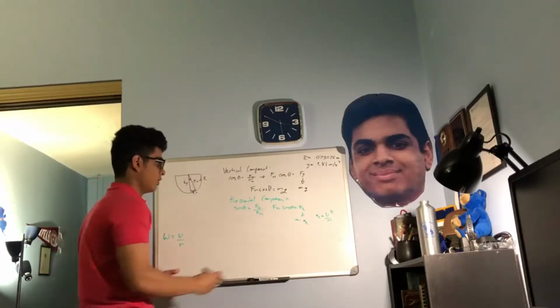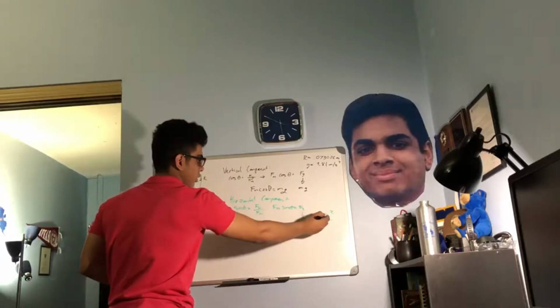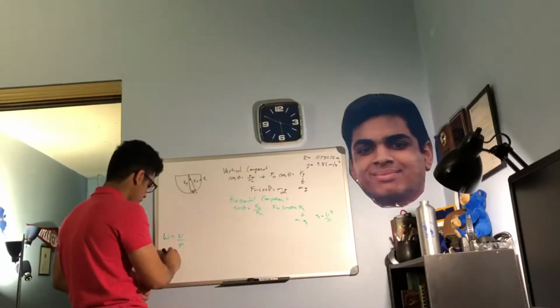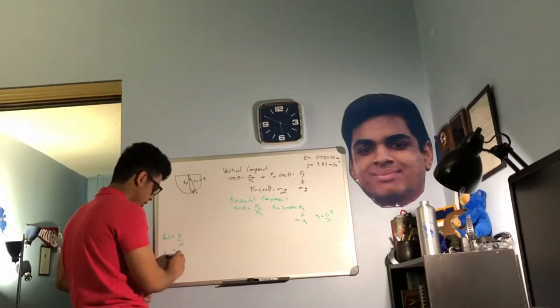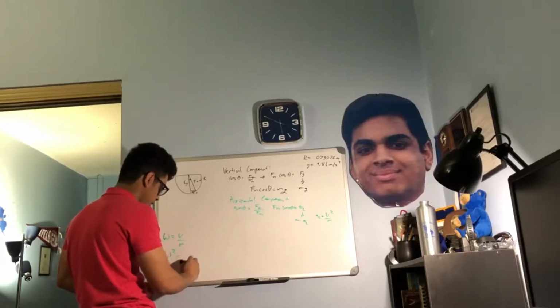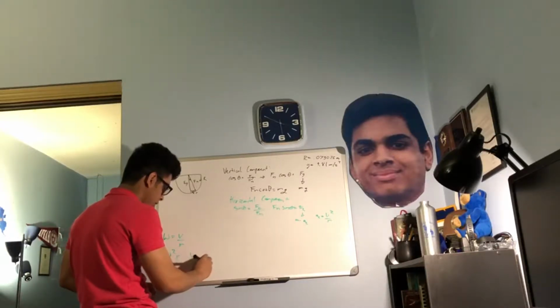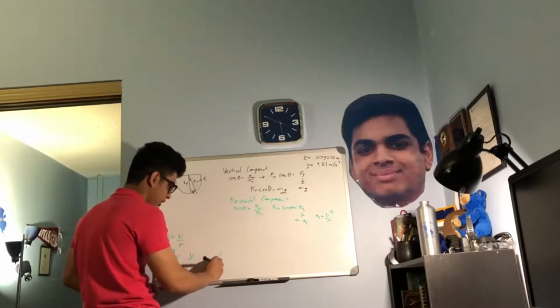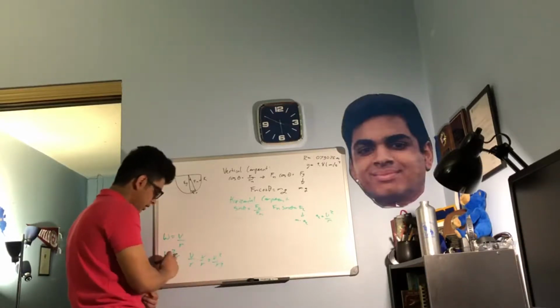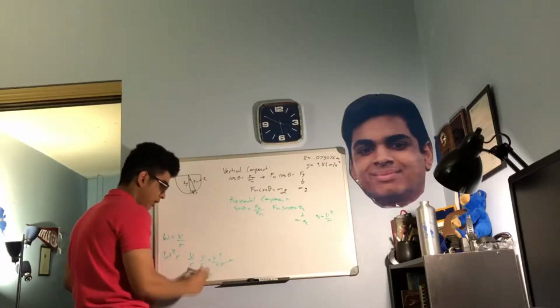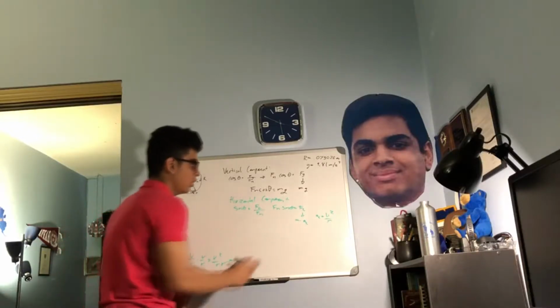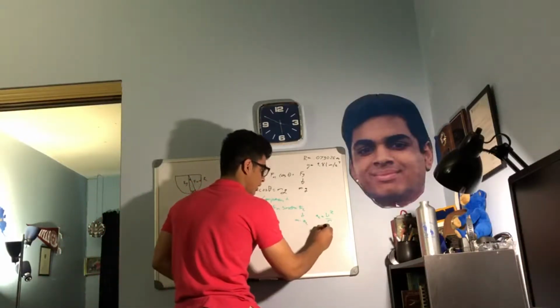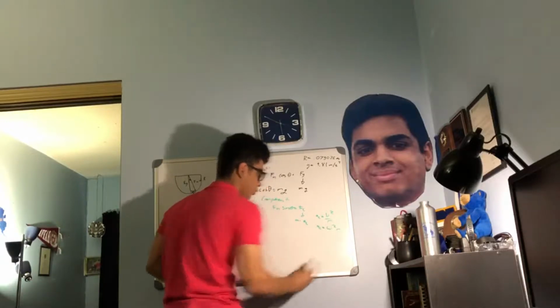Since acceleration is equal to velocity squared divided by radius, you would write omega squared times radius, because omega squared is v over r times v over r, which equals velocity squared divided by radius squared, and the extra r cancels out to give velocity squared over radius. So you can rewrite acceleration as omega squared times radius.